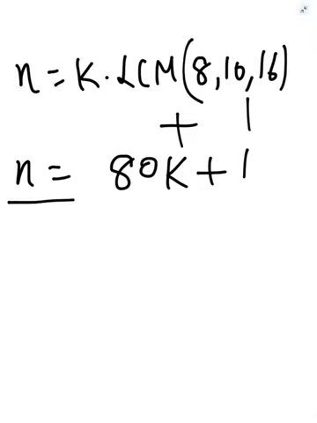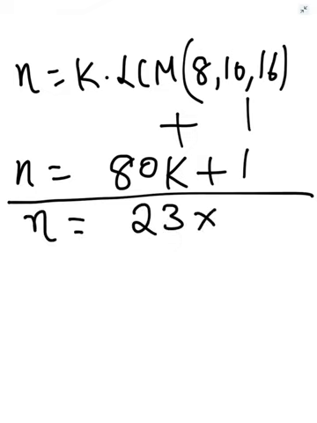It's a multiple of 80 plus 1. But based on the second information, if I distribute them among 23 children equally, then no toffee is left out. So what does that mean? It means n is some multiple of 23: 23 into m, where m is a multiple.